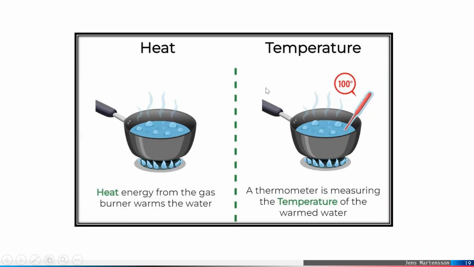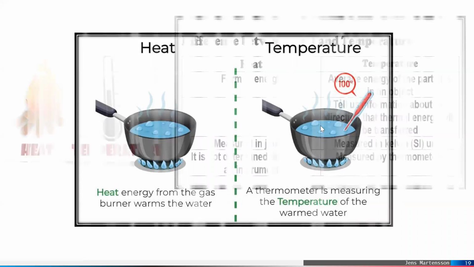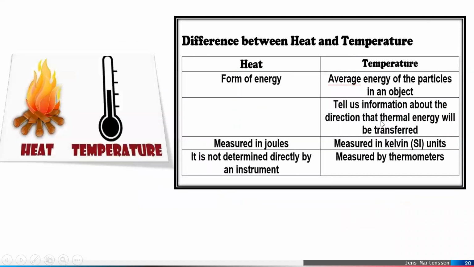But temperature is just a measurement of the average kinetic energy, or average thermal energy, or internal energy the object has. Temperature can give you information about the direction of thermal energy. The energy always transfers from the hotter object to the colder object, not the opposite.